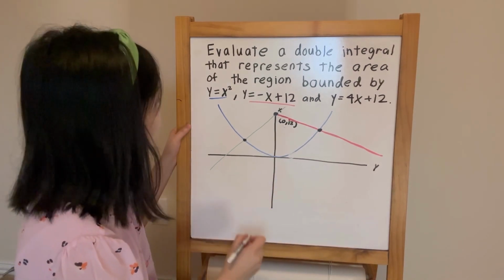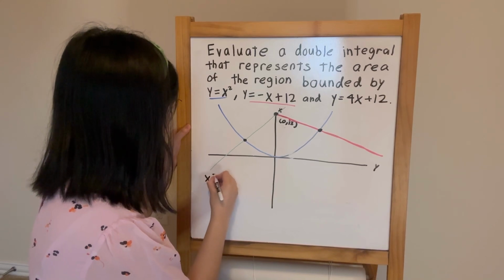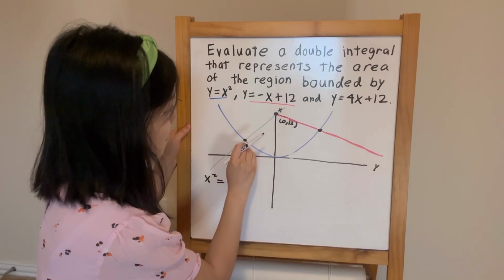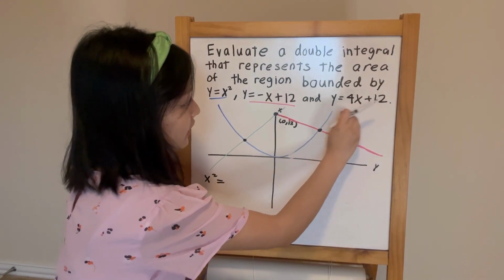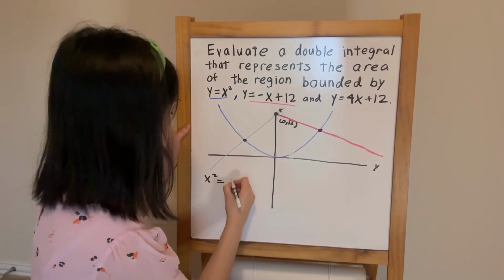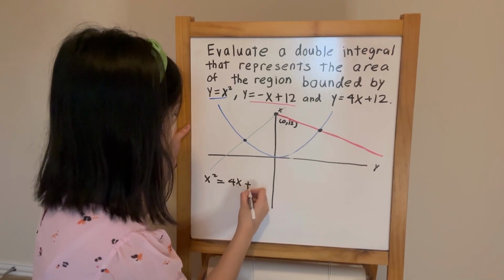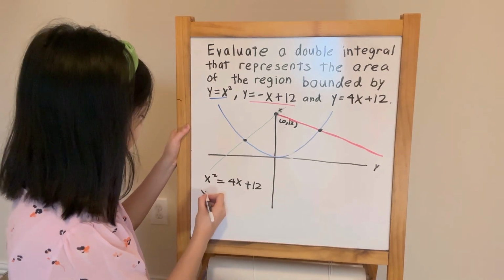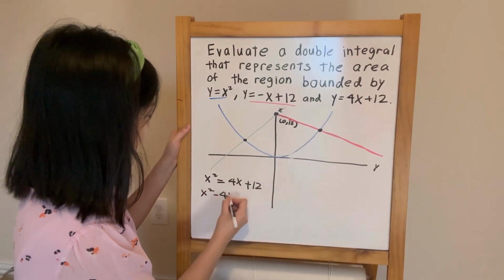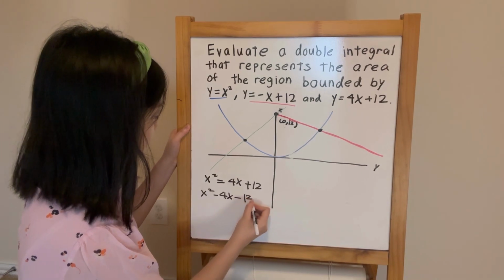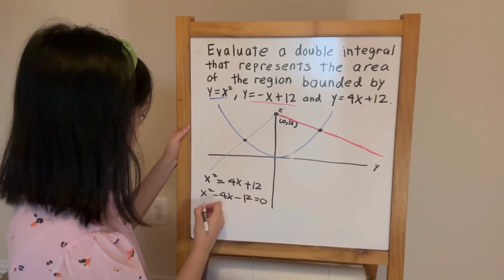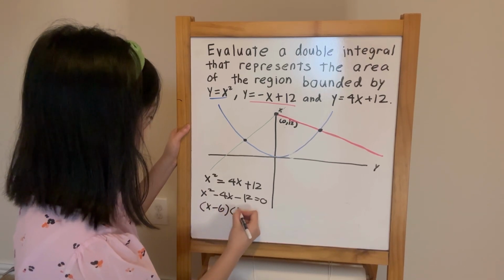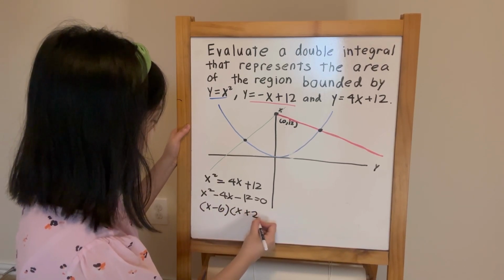So what I'm going to do is this. I'm going to solve for this intersection first, so I'm going to use this line right here. So x squared equals 4x plus 12. Then I'm going to move it to the other side: x squared minus 4x minus 12. And then I'm going to factor: x minus 6 and x plus 2.